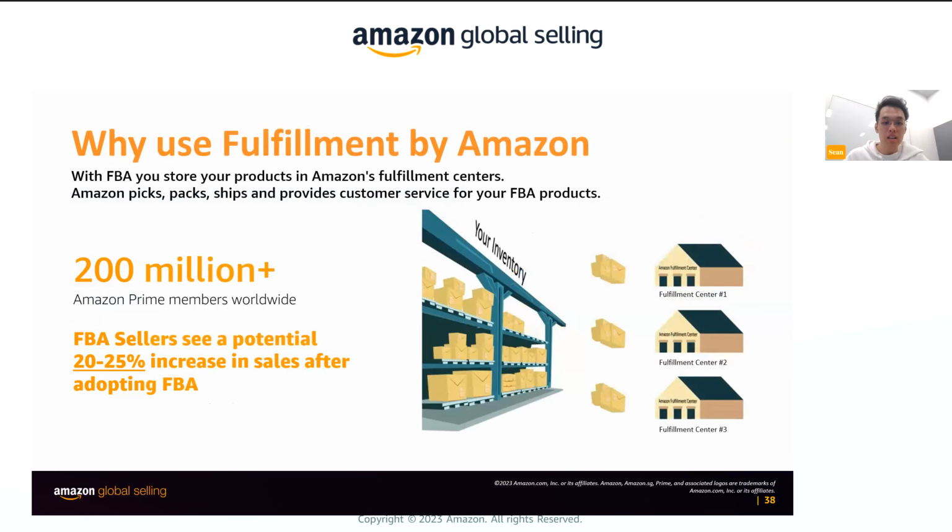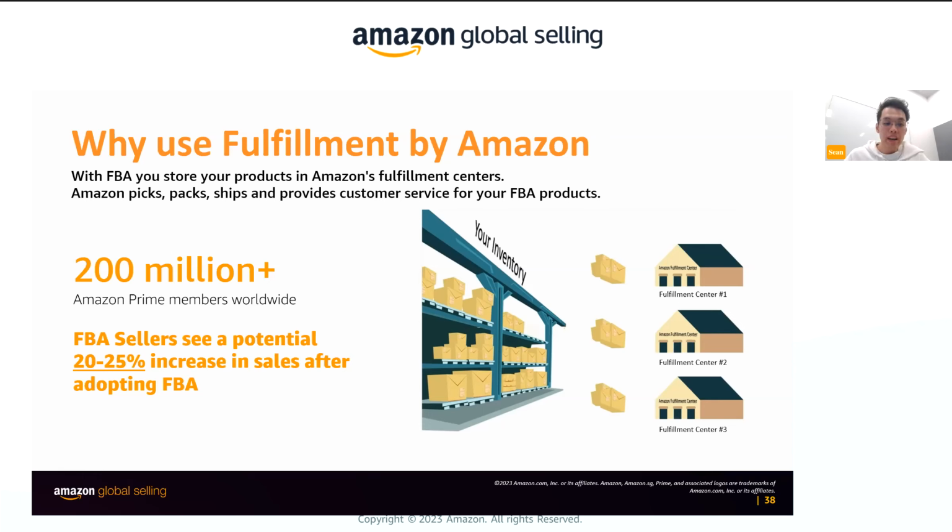Okay, so why use fulfilled by Amazon? With FBA, you store your products in our Amazon Fulfillment Center, or FC as we call it. Amazon picks, packs and ships your products to your customer and also offers customer service for your FBA products. Around the world, there are about 200 plus million Amazon Prime members.